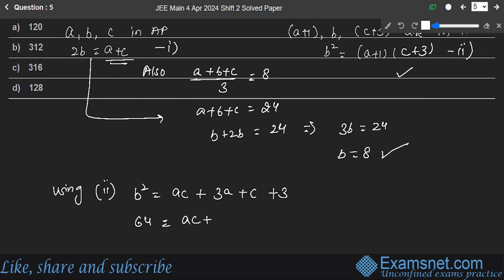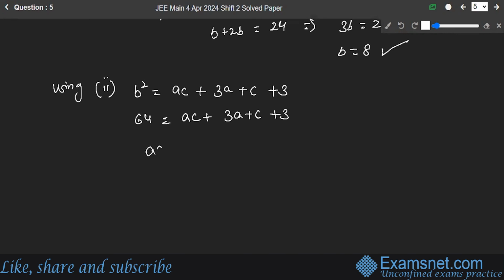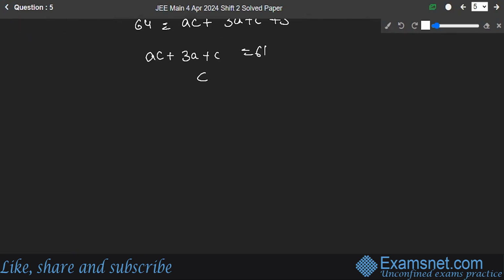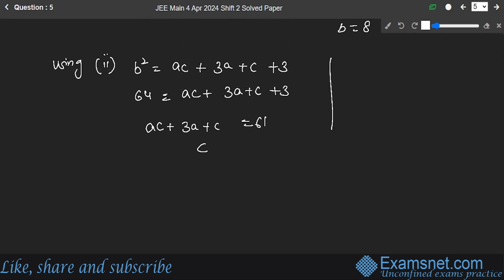So you have AC plus 3A plus C plus 3 is equal to 64, and so on. First thing, from here you have A plus C is equal to 2B, so A plus C is equal to 16.